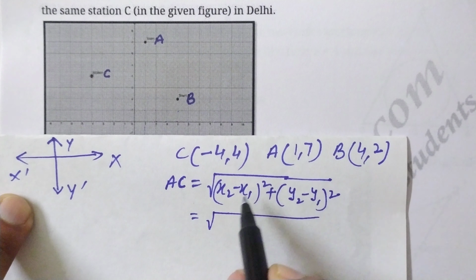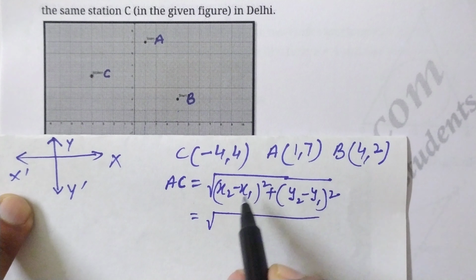The midpoint formula is x1 plus x2 divided by 2, and y coordinate is y1 plus y2 divided by 2. So here x1 y1 is this, x2 y2 is this. So x1 plus x2 is 1 plus 4 is 5, 5 over 2, comma 7 plus 2 is 9 over 2. So 5 by 2 comma 9 by 2 is the right answer. So D option is correct.